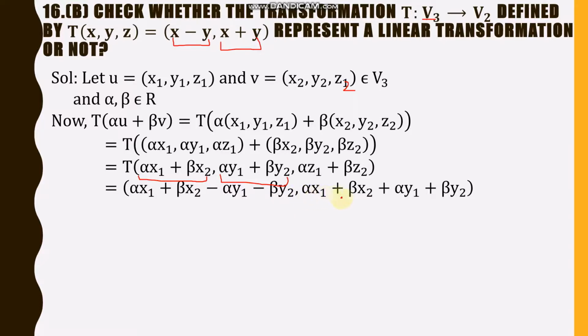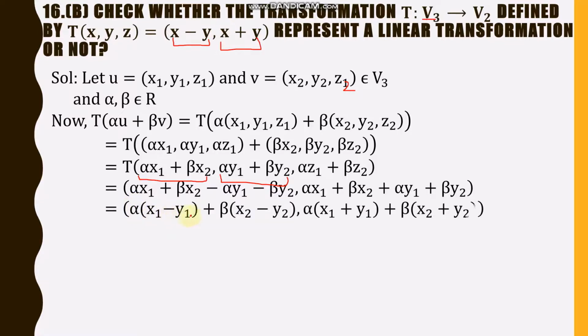So alpha x1 plus beta x2 plus alpha y1 plus beta y2. Now we'll separate the terms containing alpha at one place and the terms containing beta at one place. So it will be alpha times x1 minus y1 plus beta times x2 minus y2, alpha times x1 plus y1 plus beta times x2 plus y2.